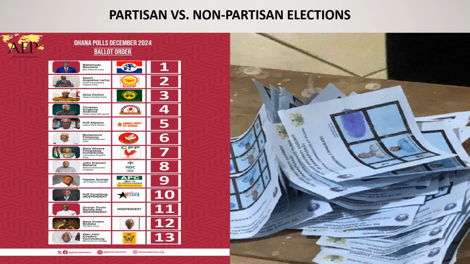You realize that the individuals are there, but there is no party identification. That is non-partisan. Compare the symbol of the CPP, which is a bird, the Convention People's Party, the Egle party, which was a cocoa tree, and even all these parties had a symbol. The NDC, which is an umbrella.